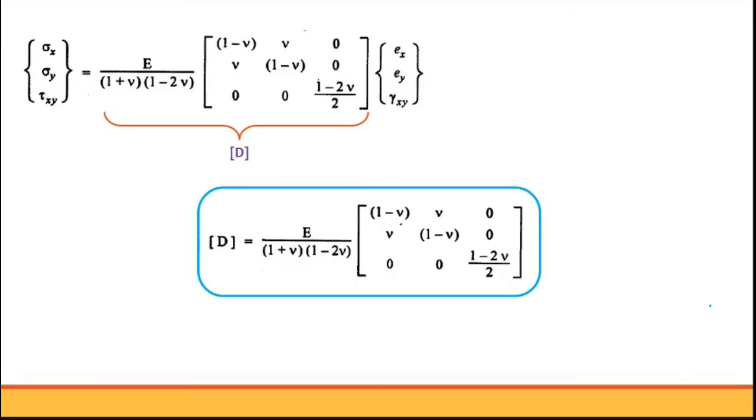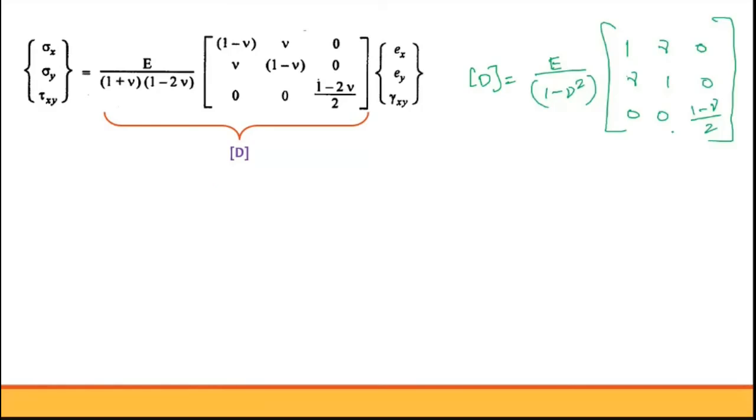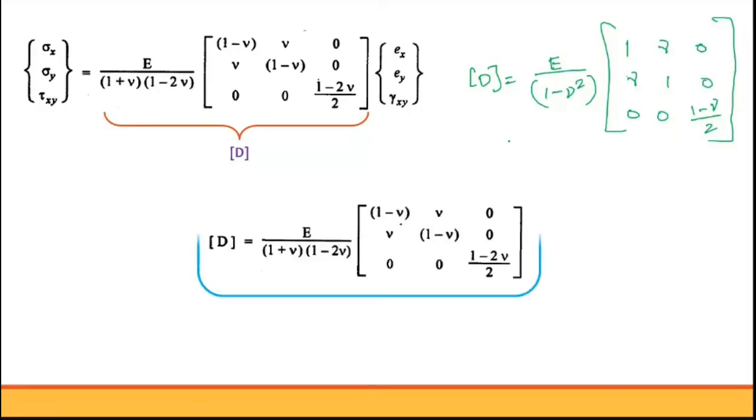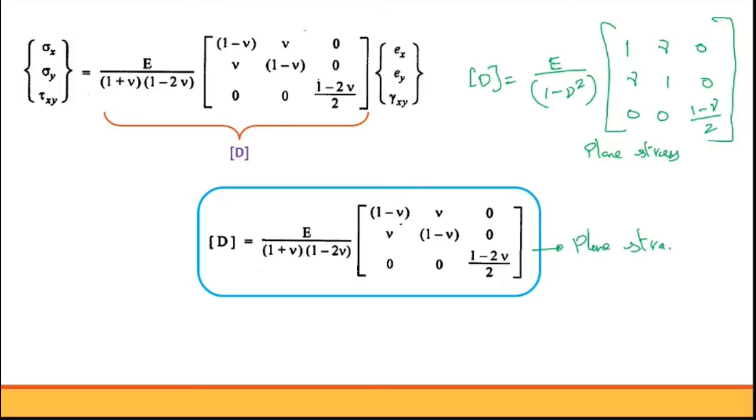So you see the difference. The D matrix for plane stress condition is E by, right? Whereas this is for plane strain condition.